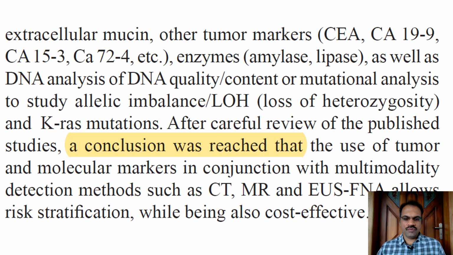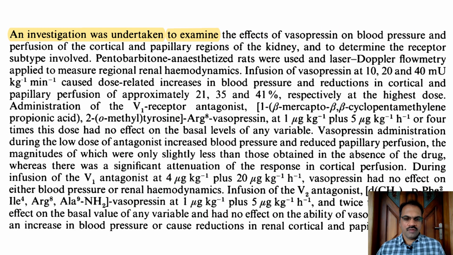A conclusion was reached that. So conclusion is the nominalization for the verb conclude. So you could have said it was concluded that, or we concluded that, things like that. So that way you would have avoided the nominalization. One more example. An investigation was undertaken to examine.